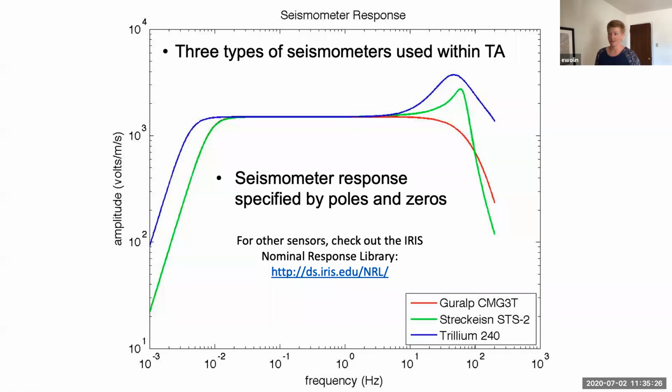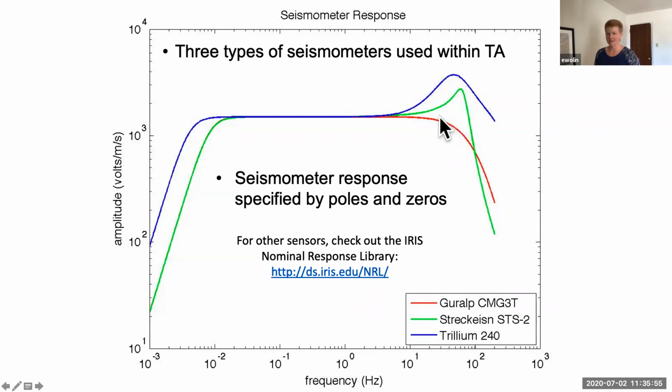If you want to check out the response of another instrument that's not shown here, IRIS has this great nominal response library. These are the responses of the instruments as supplied by the manufacturers. If it's really important to you to have high frequency data that's accurate to within a few percent, you should probably be running your own calibrations on these instruments or asking the network operator if they calibrate them.